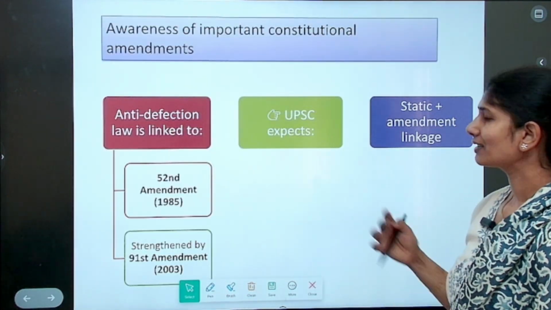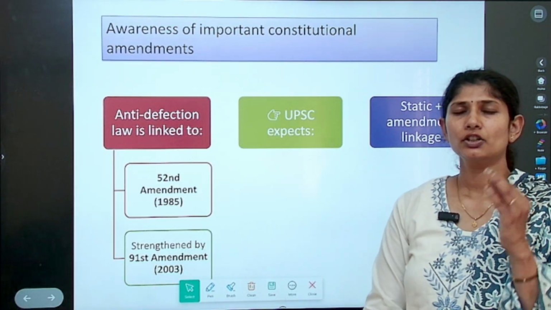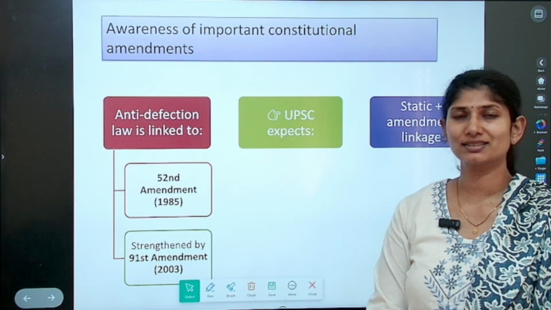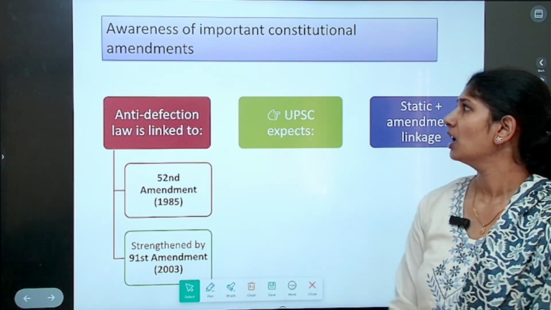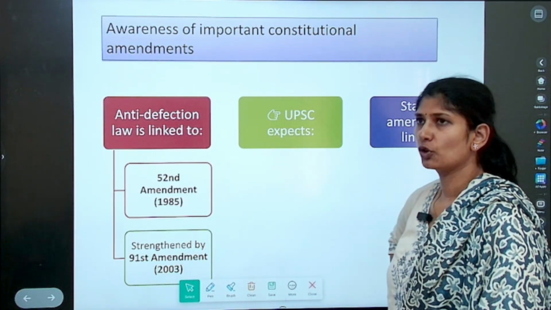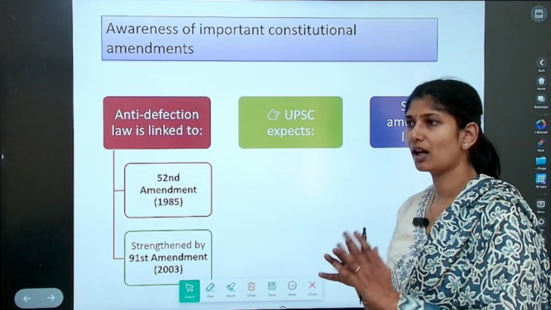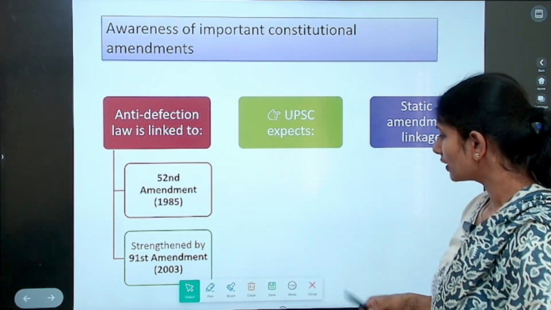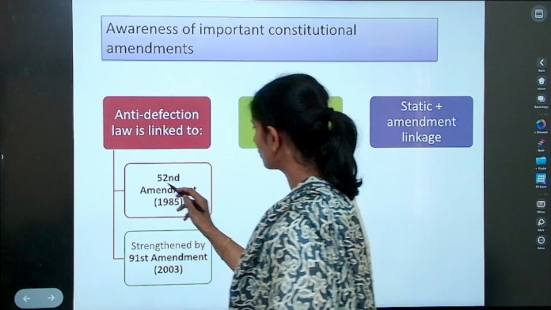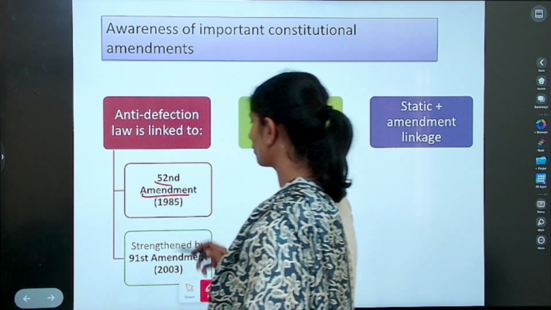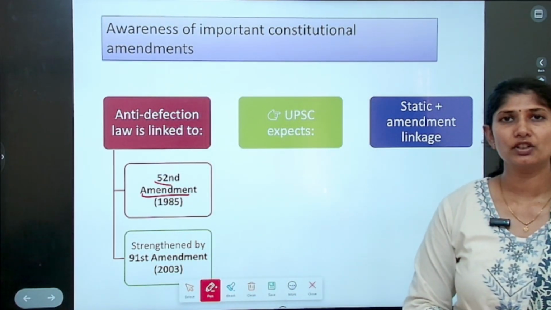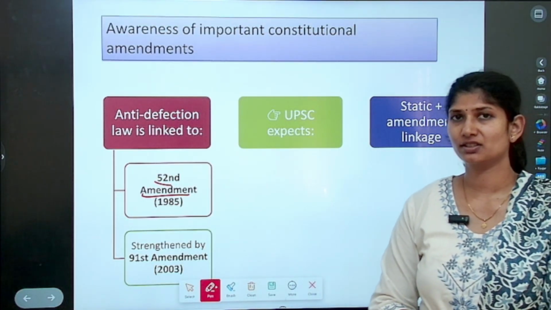Now, as I told you, a lot of questions have been asked on schedules. First and foremost, on anti-defection, you should not just see that it is the 10th schedule. It was brought about by the 52nd Amendment of 1985 and further strengthened by the 91st Amendment.